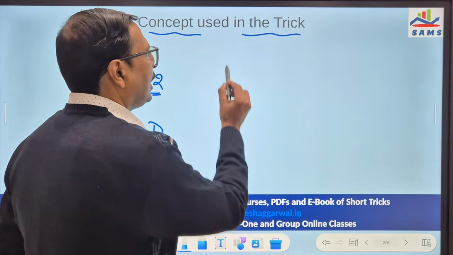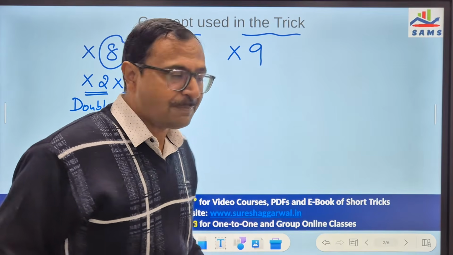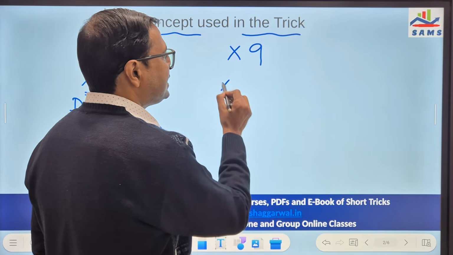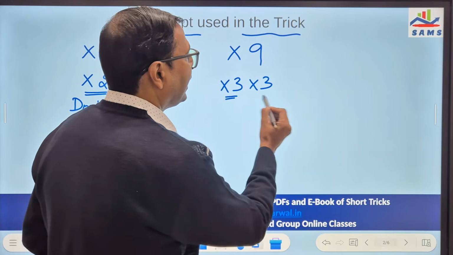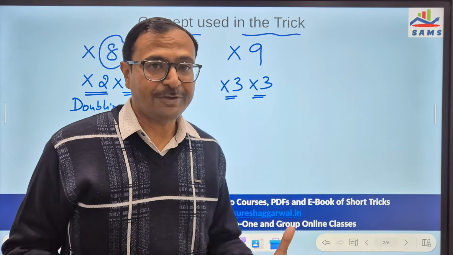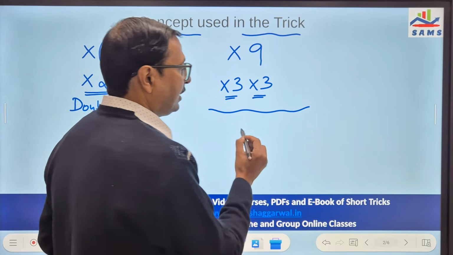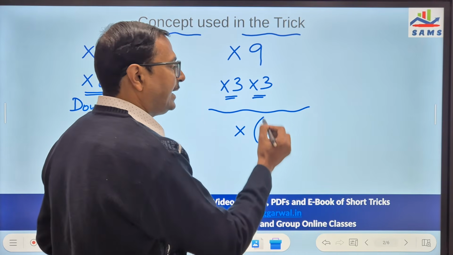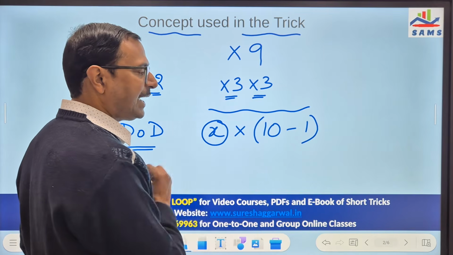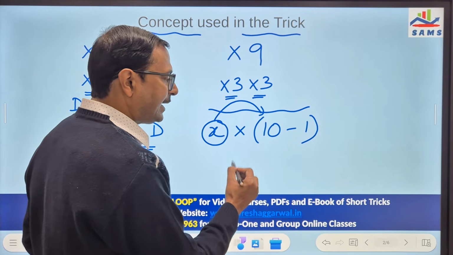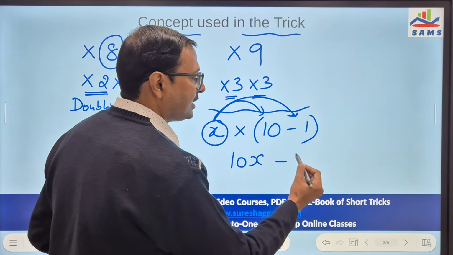Likewise, when you are multiplying a number by 9, we can use two different methods. If the number is easier to triple, then we can triple 2 times and that will give us the product of the number by 9. The easier method is when you write 9 as 10 minus 1, and whatever number we have here, say x, multiplication by 10 is very easy, minus whatever number we have is to be subtracted.